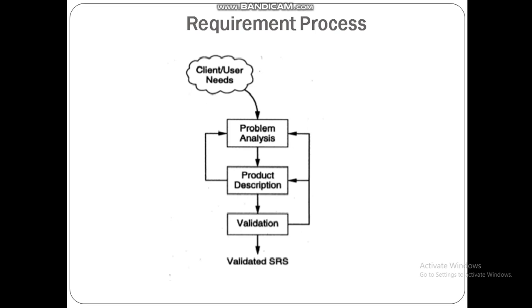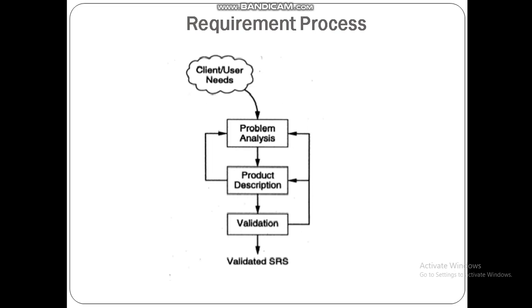Next one is validation. This focuses on ensuring that all the requirements of the software specified in the SRS are correct and making sure that the SRS is of good quality and meets user requirements or not.